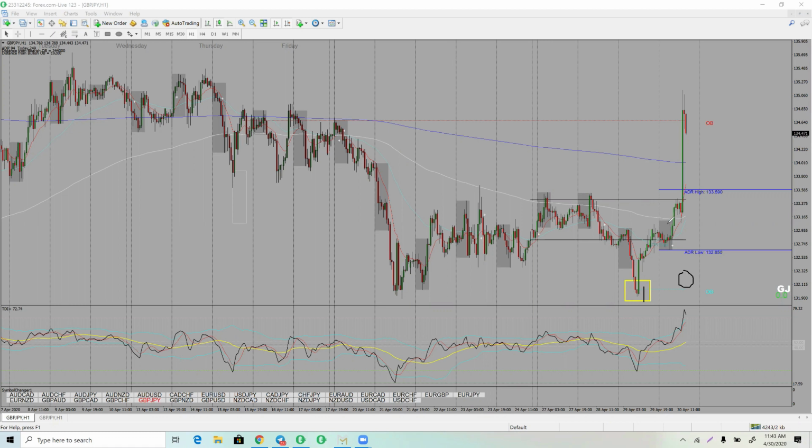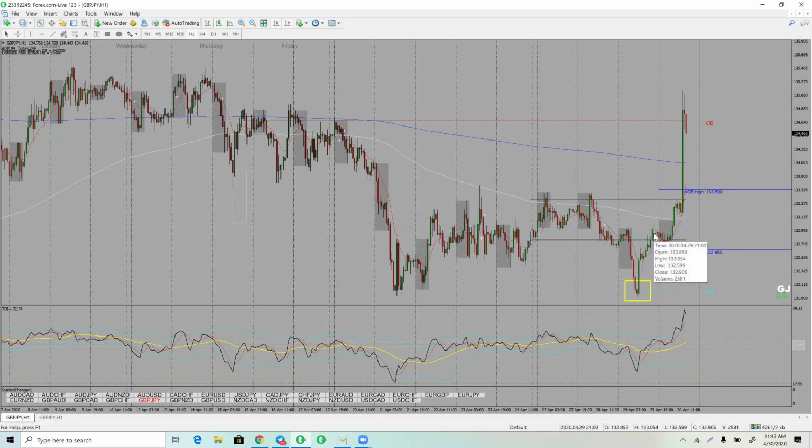We were at this price point right here, and this is exactly the same price that I bought the pair, and all the members bought the pair as well. So with all that being said, we took an entry here, and of course it gave us over 200 pips in profit and we're still holding 140, 150 pips.